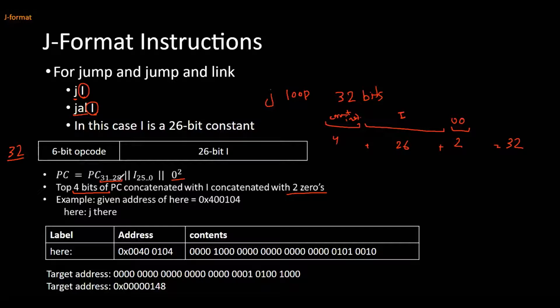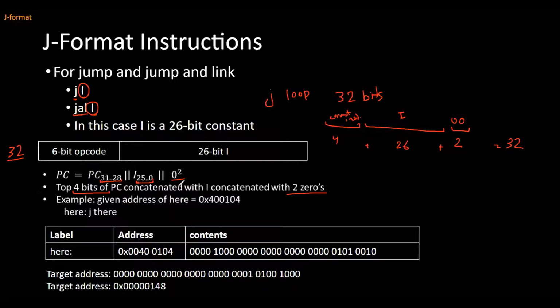That's this notation here. And similarly, this one basically means bits 0 to 25, and we know that this is only 26 bits, so that's all the bits from that number. And this one means 2 zeros. So it's not very conventional here.